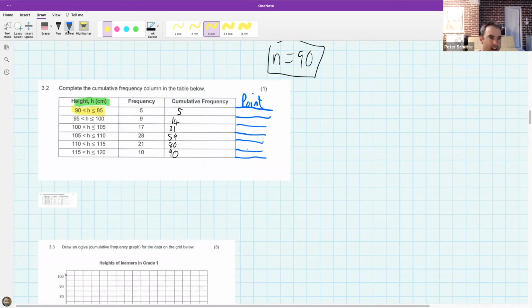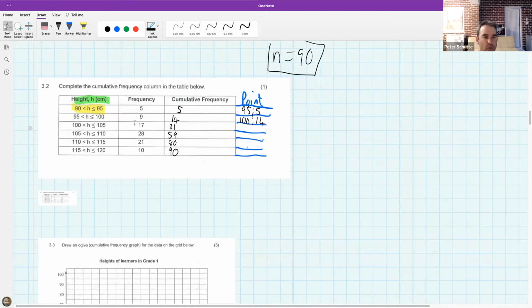What's the end of that interval? The end of that interval is 95. And what is the cumulative frequency column? It's just going to be 5. So 95, 5 should be the first one. And then the second row should be 114. Right, 114. So see if you can figure out the rest of the points.